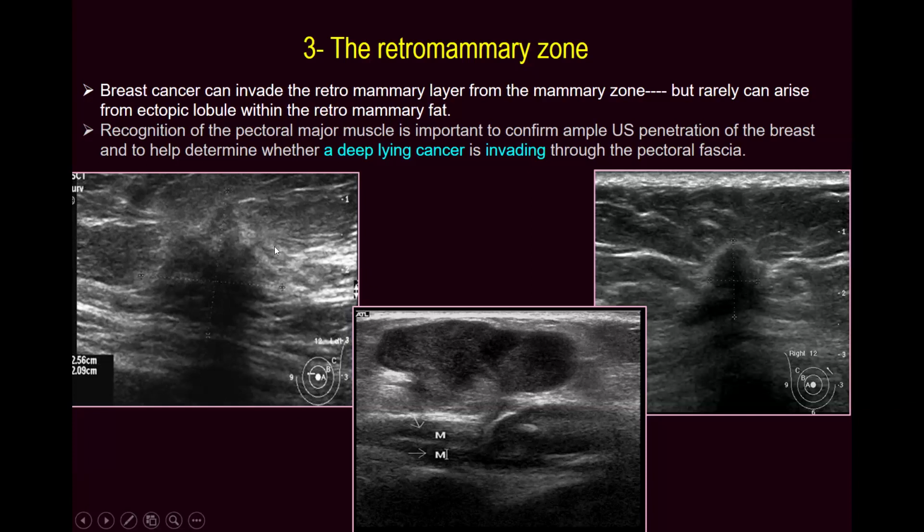And this is another example, also my patient, extending and infiltrating the underlying pectoralis, as well as in this case. So the cancer can penetrate into the retromammary fat down to the pectoralis muscles, and sometimes even deeper, past the pectoralis into the chest wall.